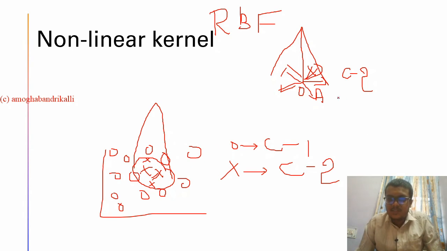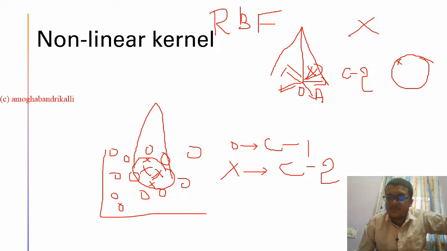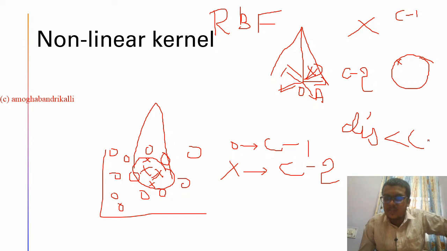So this will be the circumference and this will be the new point. It is going to find the distance between the new point and the circumference. If it is far, then it is going to say it is class 1. If the distance is nearer to the circumference, then it is class 2.